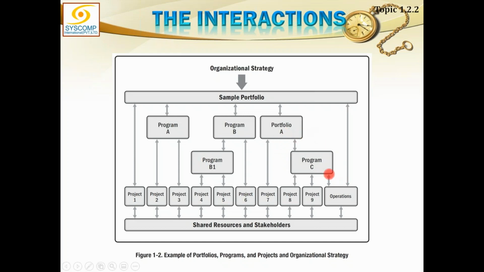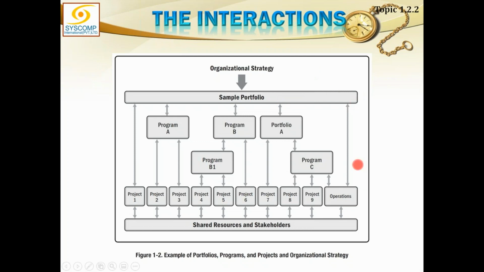Then it has got a program C under the portfolio. Now, program C has got two projects, 8 and 9, and certain operations. Projects 8 and 9 are going to be fulfilling the purposes of program C, and the operations are those activities which are included in the program work, right?